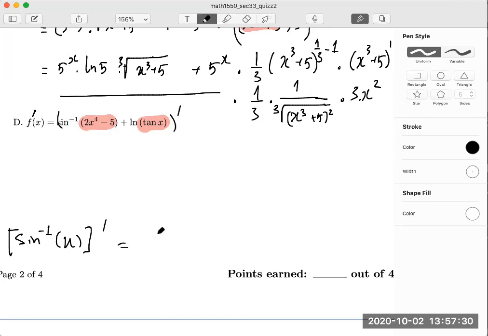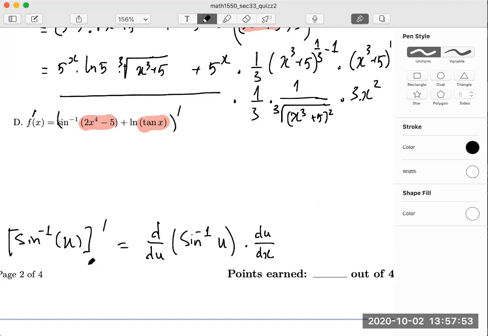And it will be d over du of sine inverse of u, with the chain rule, multiplied with du over dx, right? The chain rule.